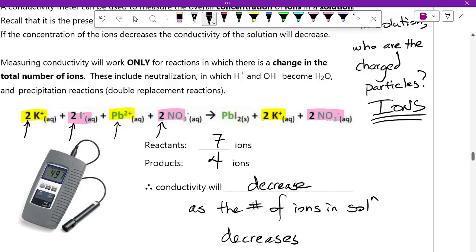And if you're wondering what this little thing is that says SOLN, that stands for solution. I am big on abbreviations because I'm lazy. I like to write fast.